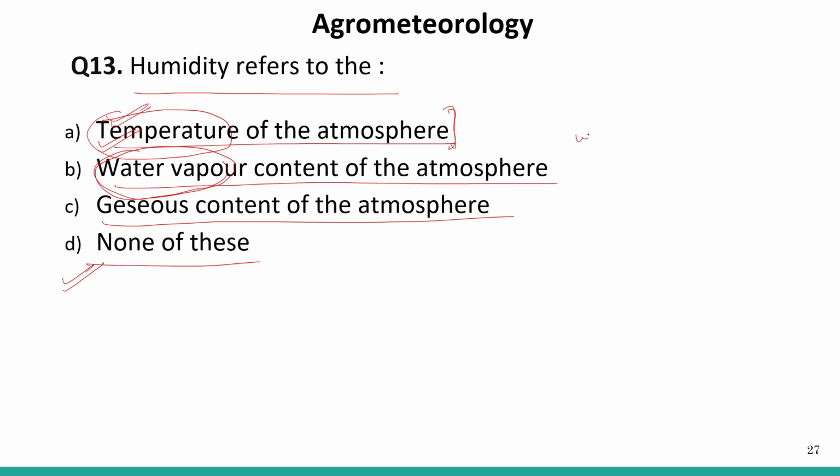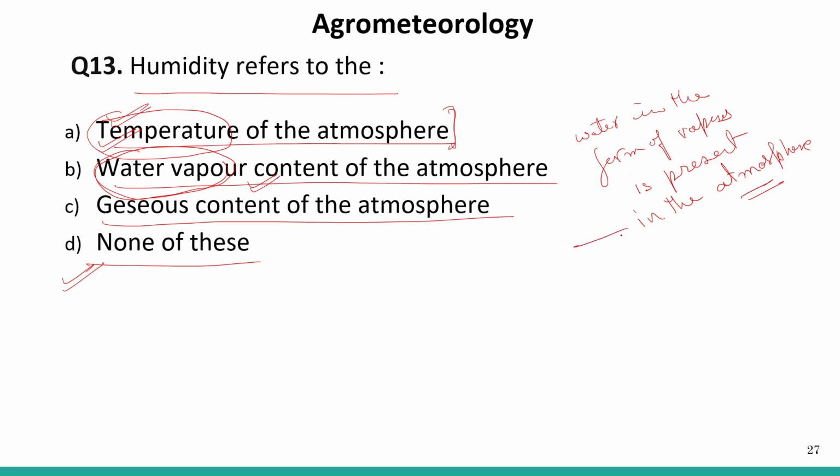That is the water in the form of vapor present in the atmosphere. So water vapor content of the atmosphere, this is called the humidity.